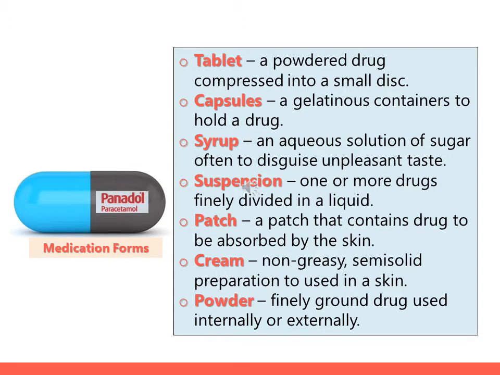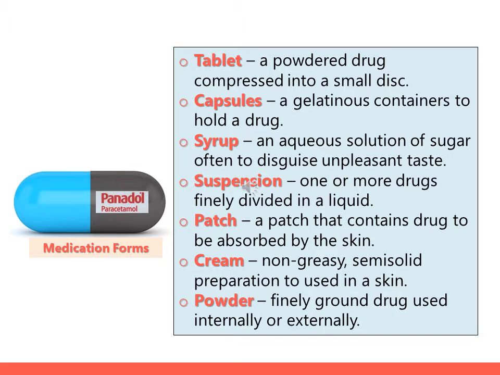When giving medication, it is very important for a nurse to know that there are different drug preparations. Drugs could be in the form of a tablet. This is a powder drug compressed into a small disc, and this is very common even in your household. Capsules are also common. It is a gelatinous container to hold the drug. And I know that you have seen this one already in your house.